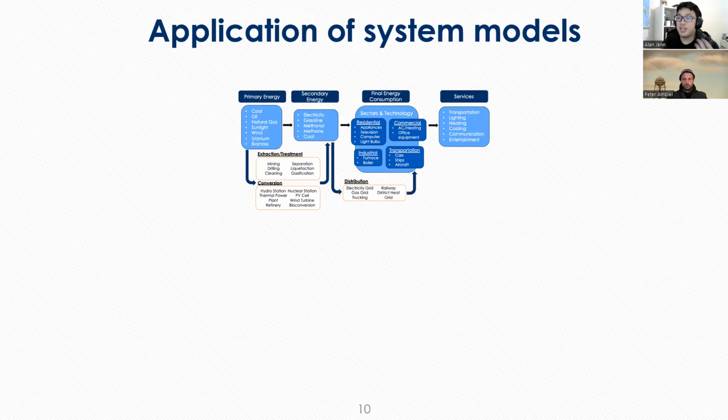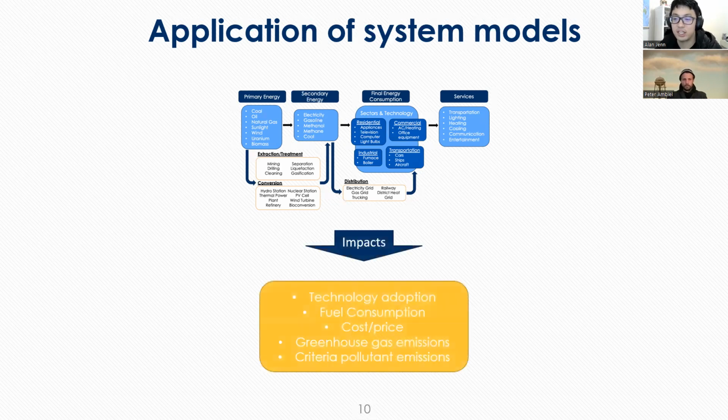And so the application of these models, again going back to those outputs and impacts that we're interested in, thinking about these pieces. The five here that I'm showing is just a subset of possible outputs, but these are the more common ones that you see in this research.